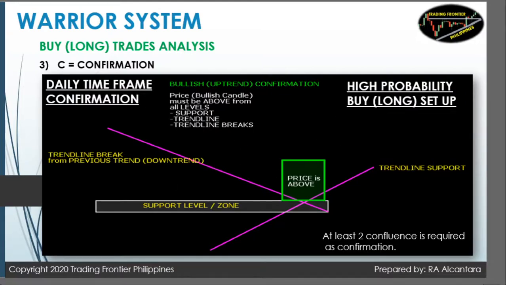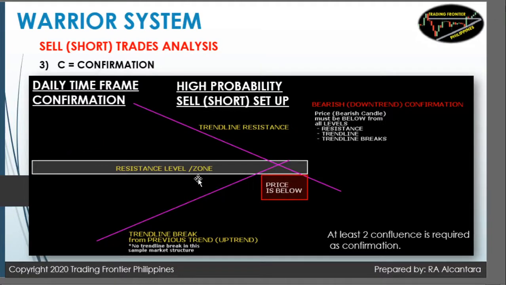How about for the short or bearish position? Definitely it's just the opposite. What do we have here? We need our price, using our TFP war system for a high probability short trade setup, to be below these three levels or zones, just opposite the bullish setup: below our resistance level or zone, below our trend line resistance, and a counter trend line break coming from a bullish channel.